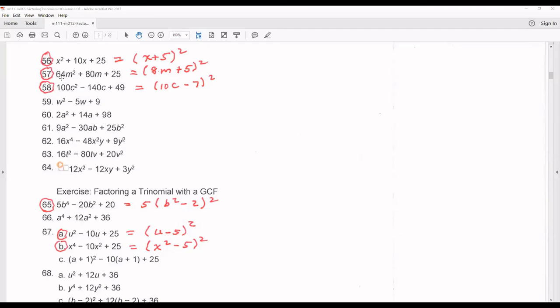Perfect square on the front, 8m squared, and 5 squared, and that gives us 2 times 8 is 16 times 5 is 80, so the middle term checks, so it's 8m plus 5 quantity squared. Number 58. 10c minus 7 quantity squared. Again, perfect square on the back, perfect square on the front, and we test the middle.